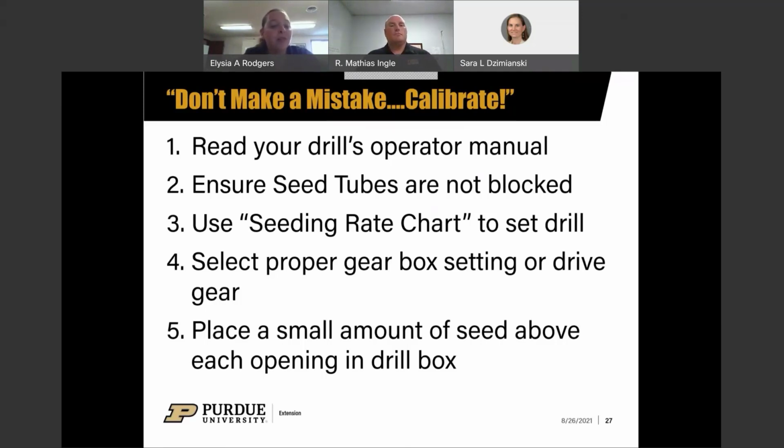And then place a small amount of the seed you intend to use above the opening, basically in the seed box of the drill. Do this for each drill box, so you can get a good collection of several seed tubes instead of just one, to make sure you have a good flow throughout the whole drill.